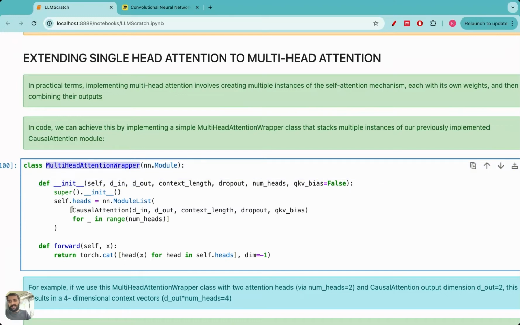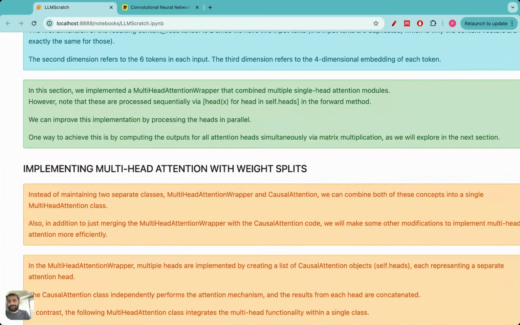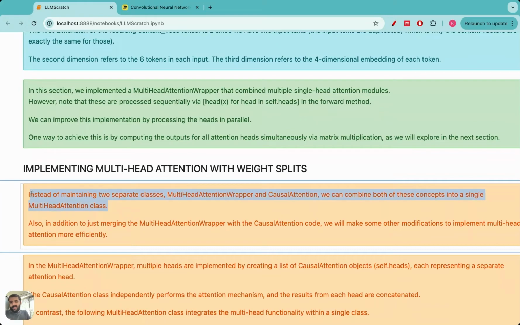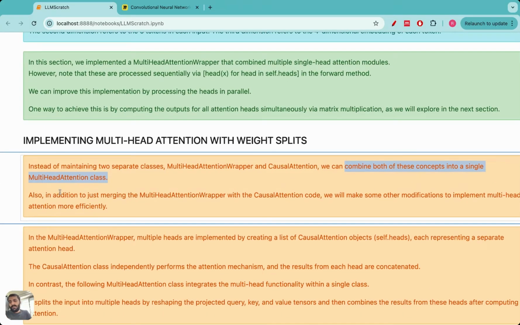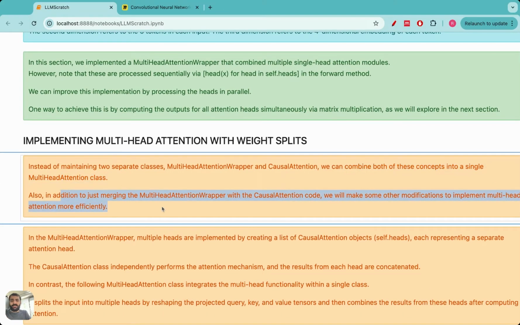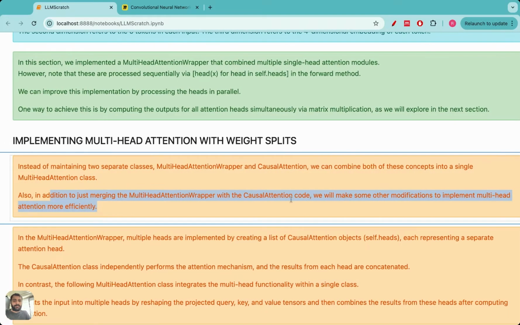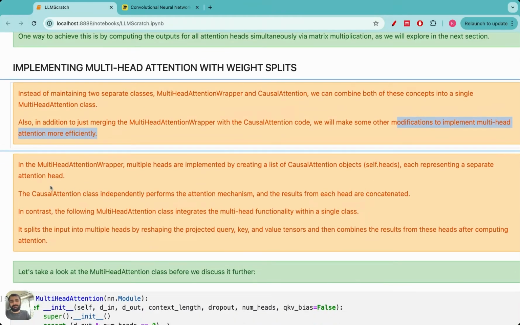So we created multiple causal attention objects within this wrapper. Now the idea is, why don't we combine both of these concepts into a single multi-head attention class? In addition to merging the wrapper with the causal attention code, let's make some other modifications to implement multi-head attention more effectively.